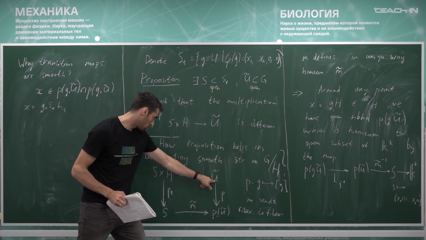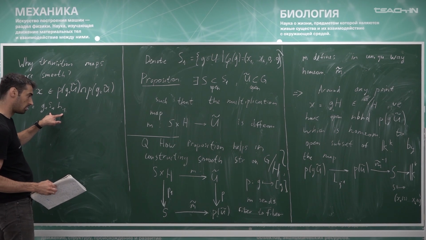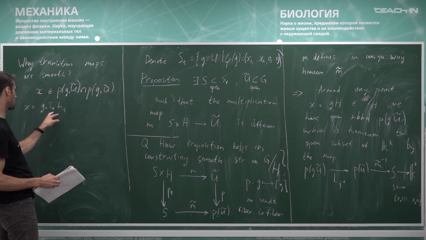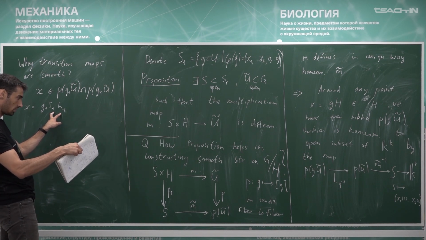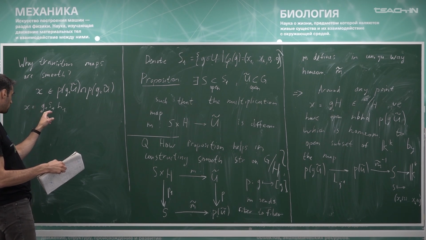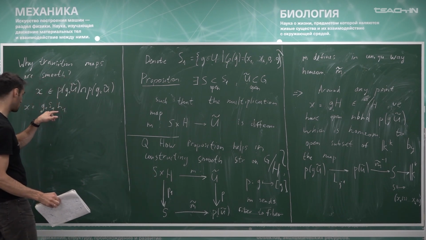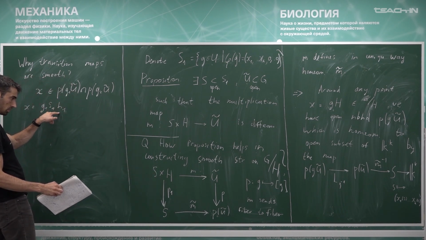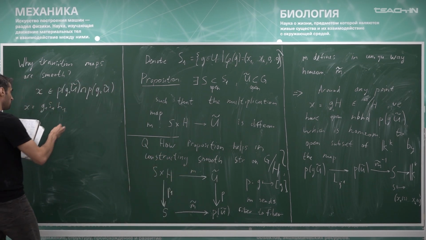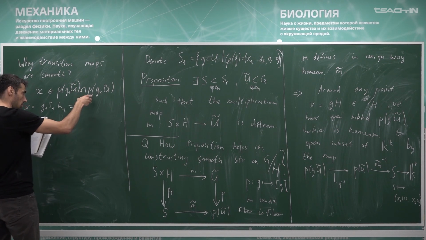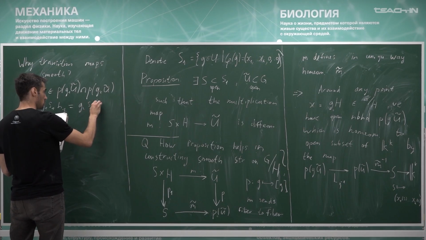So for any element of U tilde, I have a unique pair S1 and H1. S1 lives in here, H1 lives in here, such that their product is the element of U tilde that I started with. And in a similar fashion, I can write it as G2 S2 H2.